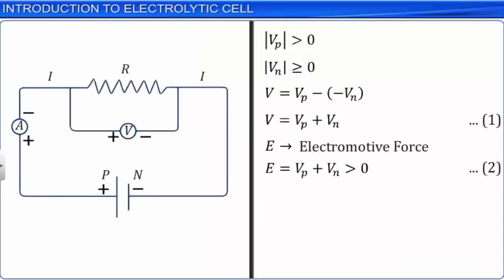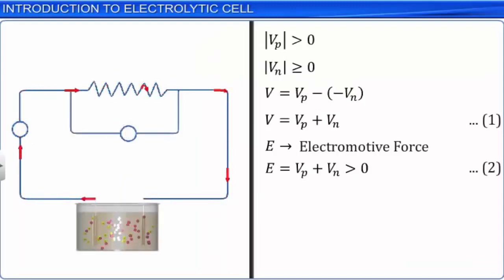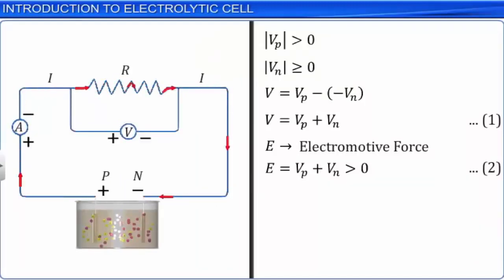Let us now connect the two electrodes of the cell to the two ends of a resistor to understand how a cell actually functions when it is connected in a circuit. A resistor with a resistance equal to R is connected across the cell.